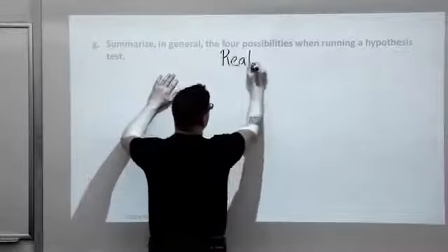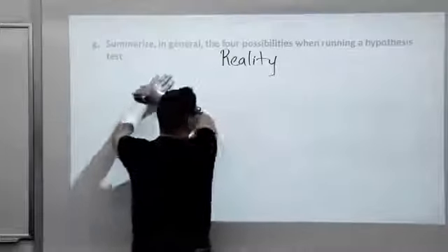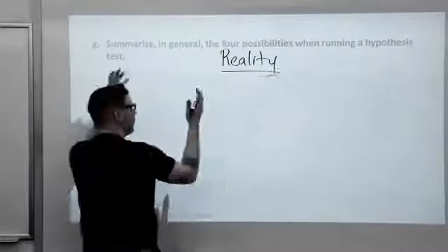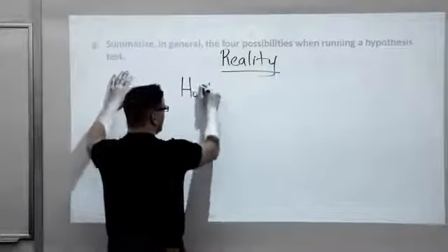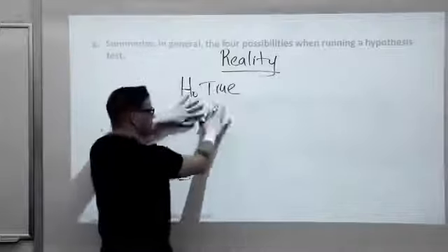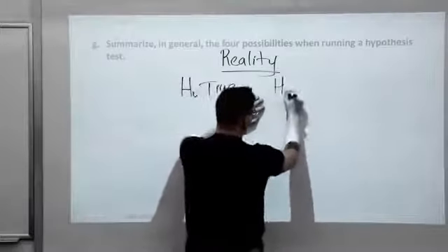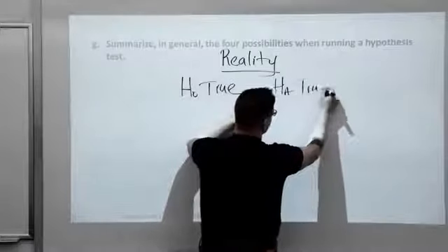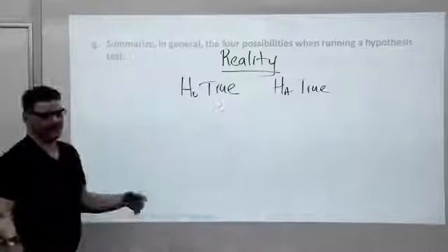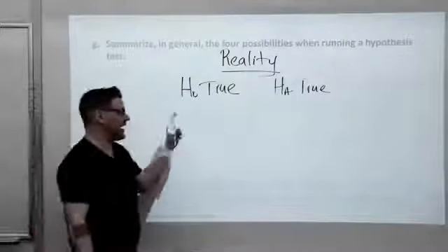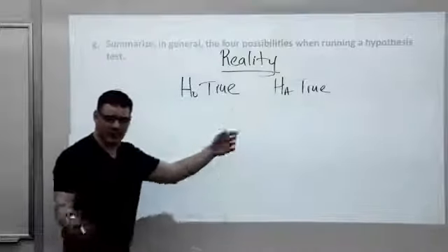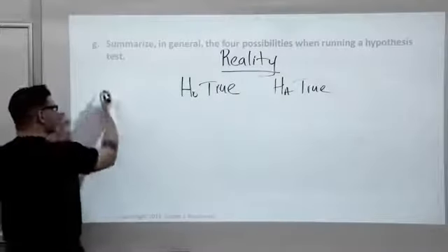So here's reality. In reality, one of the 2 hypotheses is true. Either H0 is true, that's the null, or the alternative is true. It can only be one of 2 things. And by collecting our data, we're trying to see which way the data is pointing us to make that decision.